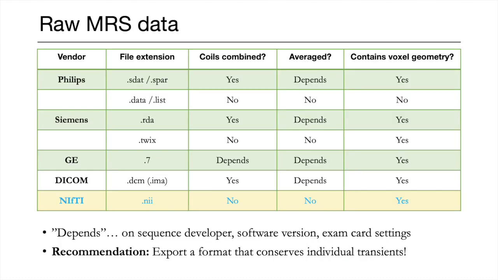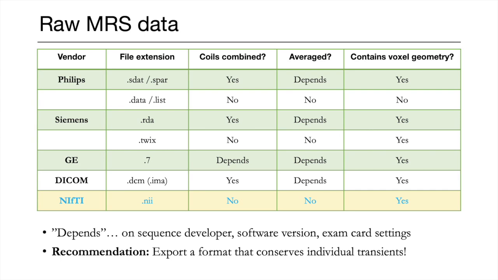If you are doing in vivo MRS experiments in humans, chances are high that your raw data comes off the scanner in one of these formats. Depending on the format, the sequence developer, the software version, and even settings on the exam card, the raw data will be in different states of rawness, meaning that some steps of pre-processing may have been performed already.